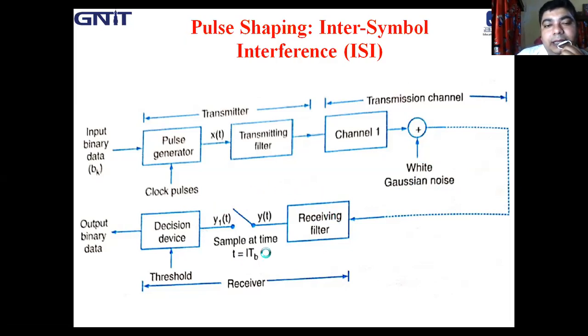And here sampling is taken at t equal to Tb, and after sampling the signal is denoted as y(t1), and then it goes to a decision device, where a threshold is applied.